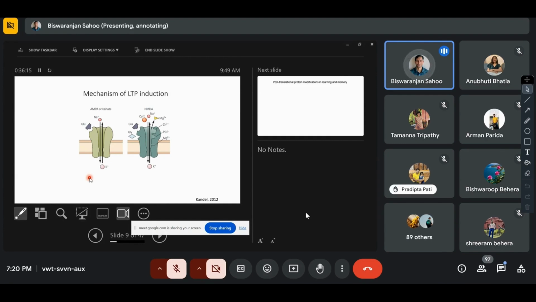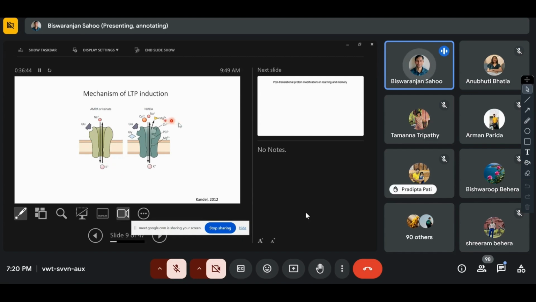Then the connectivity between the synapses increases. When the postsynaptic neuron stays activated for a long time after the stimulation, that is called LTP. So the connectivity between one synapse increases for a long time, and that is called long-term potentiation.